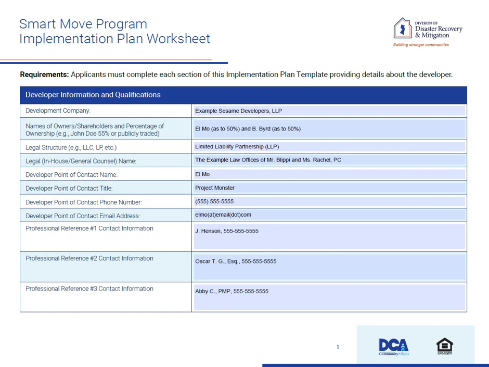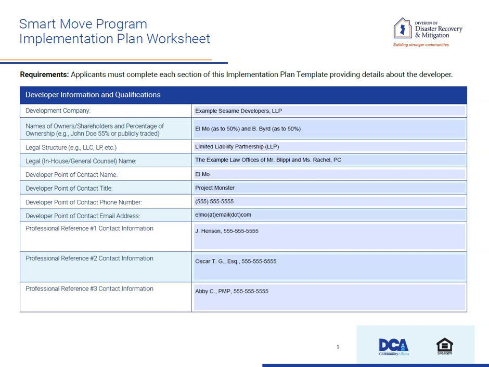Next, in making its determination of capacity, the program may wish to check references and obtain feedback from other states, municipalities, or other communities where relationships with the developer exist. To that end, please include contact information for at least 3 references that can speak to the professionalism and work product of your developer.